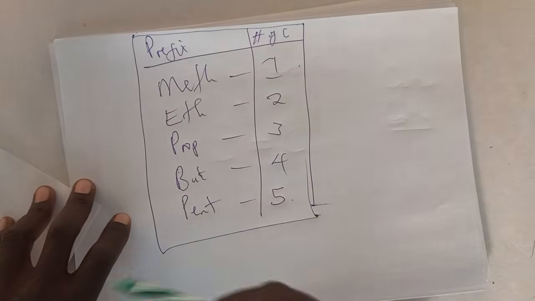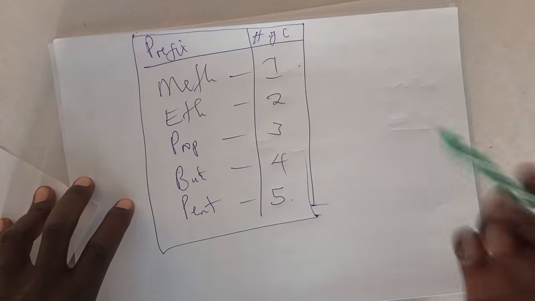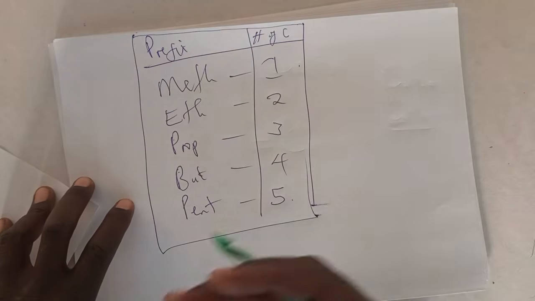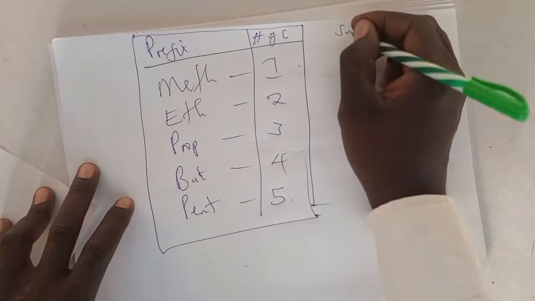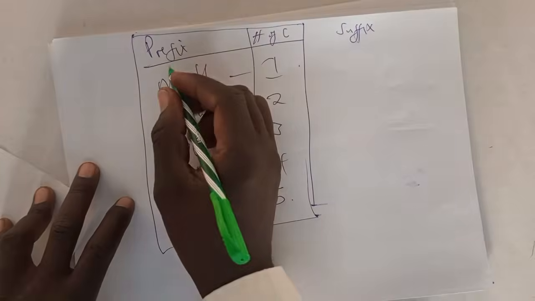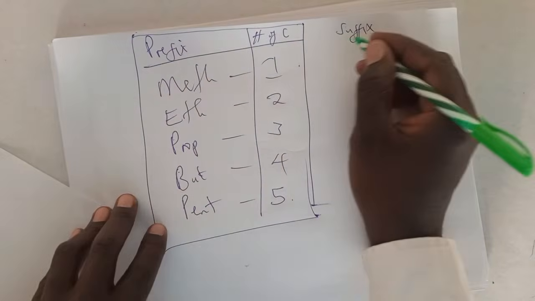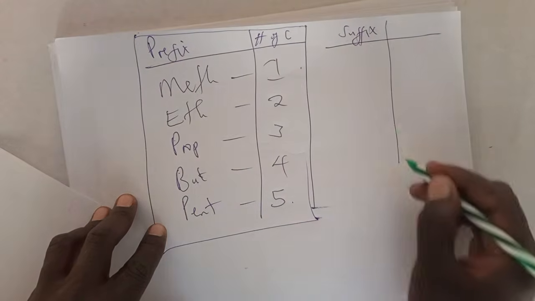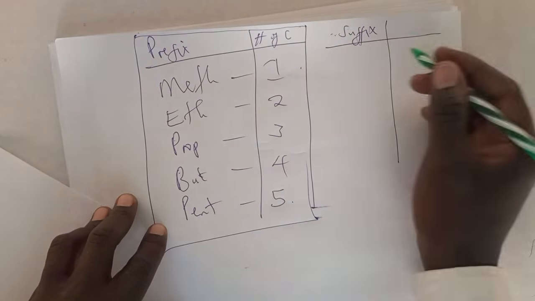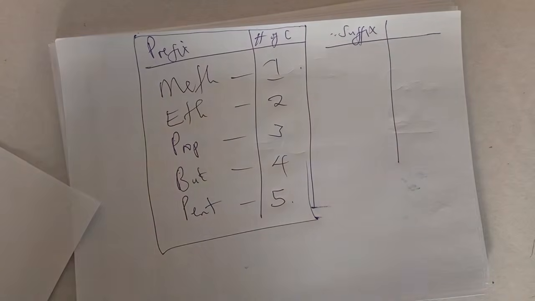The naming of organic compounds in organic chemistry is referred to as nomenclature, and it takes into account two things. Number one, the prefix. The other one is the suffix. A prefix is basically the beginning of the word, and the suffix is the ending. I'll give an example of a prefix. The word mother, for example.